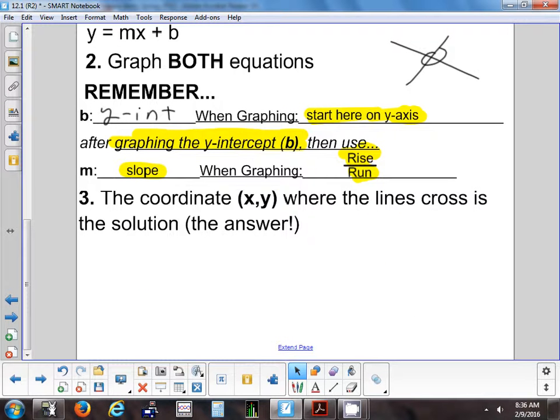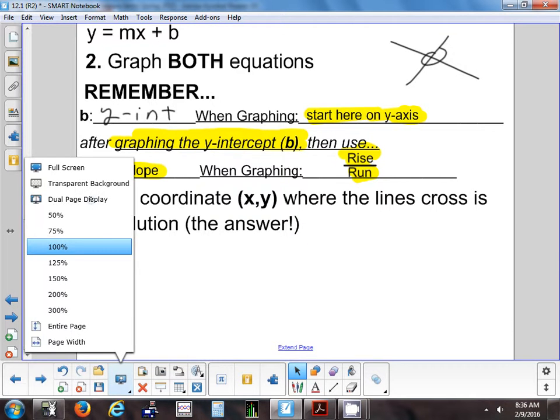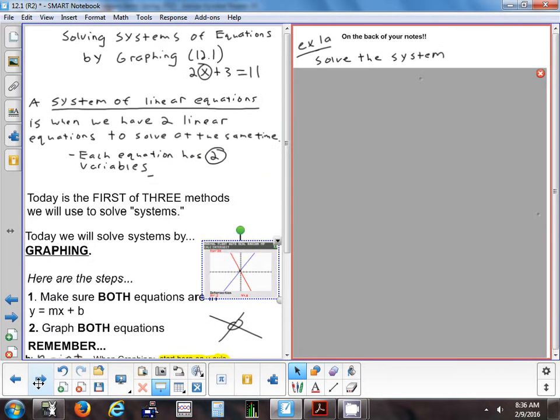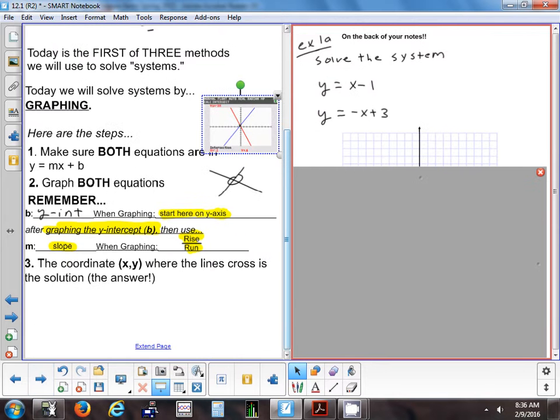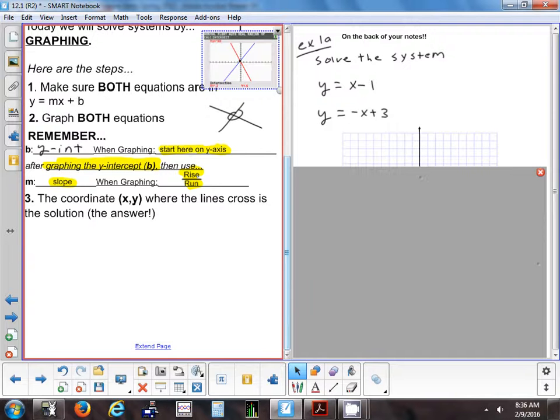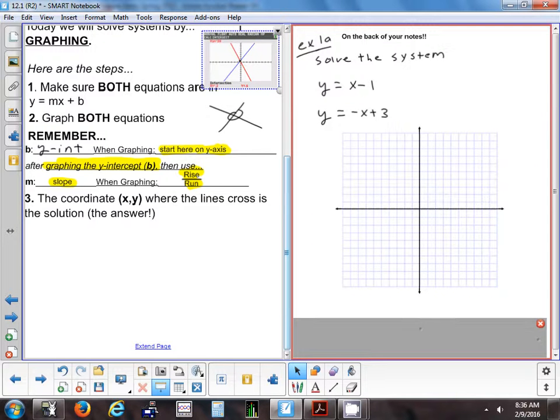Okay, does everybody have these steps? No. Okay. All right, so as we go through, let's follow these steps and try to solve this system. Okay, remember, when we're done, how many answers are we looking for? How many numbers should we have?